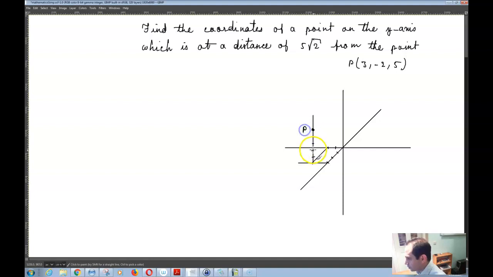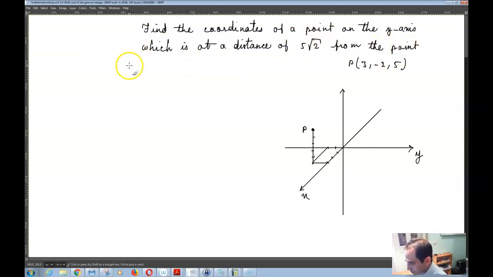This is point P, and there is some point on the y-axis which is at a distance of 5 square root of 2 from the point.